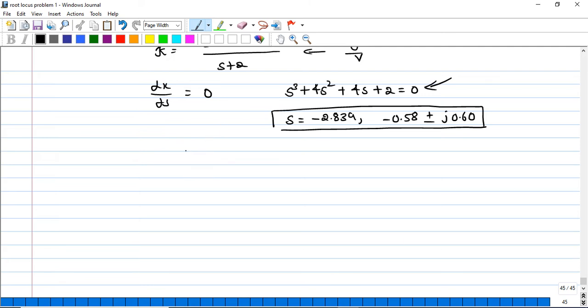The first condition is, if you find adjacently placed poles, and this is a part of the root locus, then definitely there will be a breakaway point. Second condition, in the s plane, if you find adjacently placed zeros, again there will be a breakaway point, and this must be a part of the root locus.